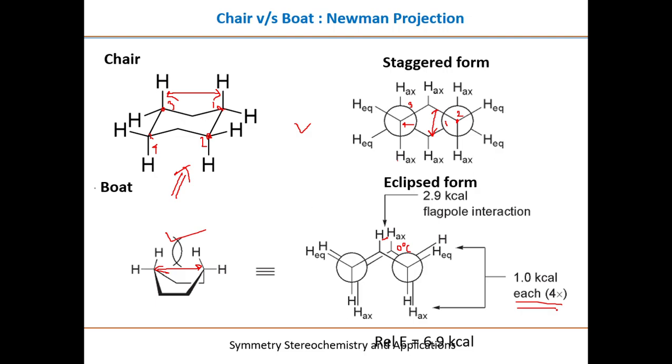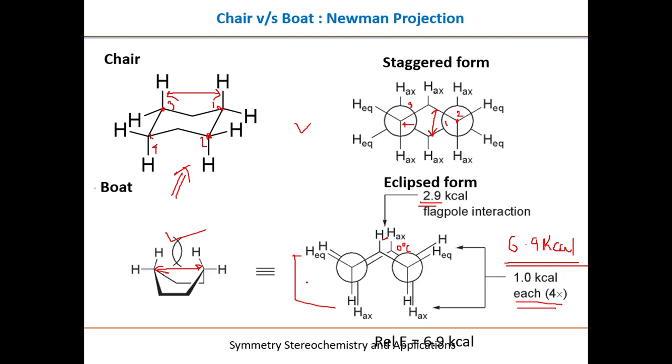Here two protons and this side two protons. That means 4. 1 into 4 energy will increase here. And now here this one is 2.9. That means total energy will become 6.9 kilocalorie compared to the staggered form. So the energy difference between these two conformations is 6.9 kilocalorie.